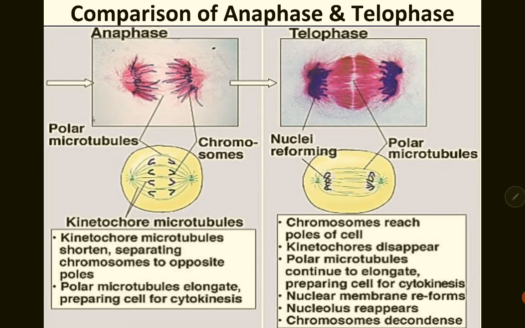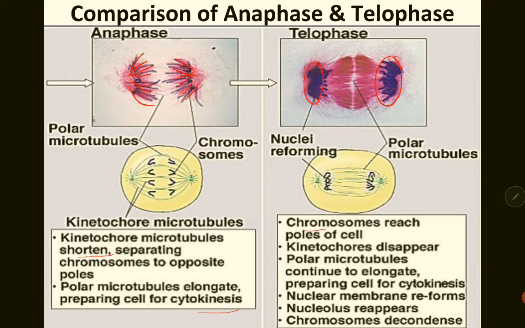Okay, so comparison, what's the difference between anaphase and telophase? From the diagram here, we can see in anaphase the chromosomes are still quite visible and have just started to move to the opposite pole, while in telophase, they are almost at the opposite pole already. Kinetochore microtubules shorten, separating chromosomes to opposite poles. Polar microtubules elongate, preparing the cell for cytokinesis.